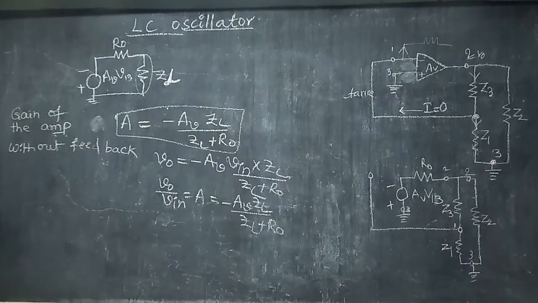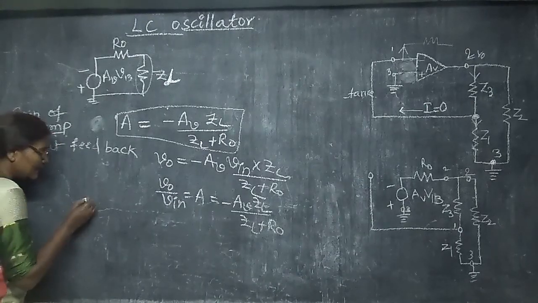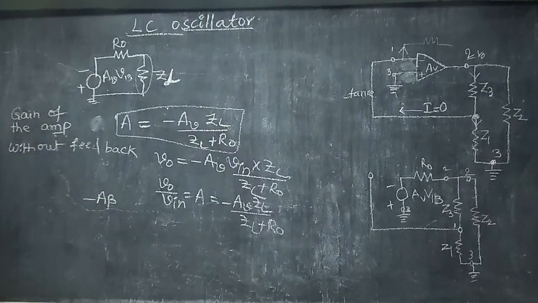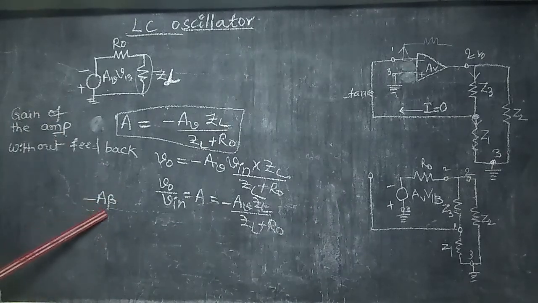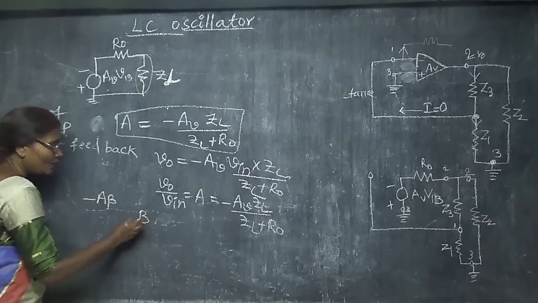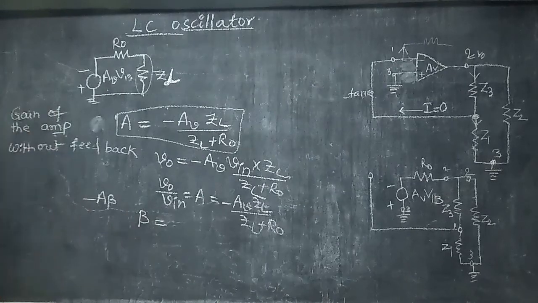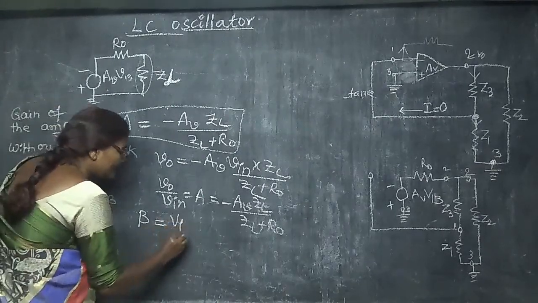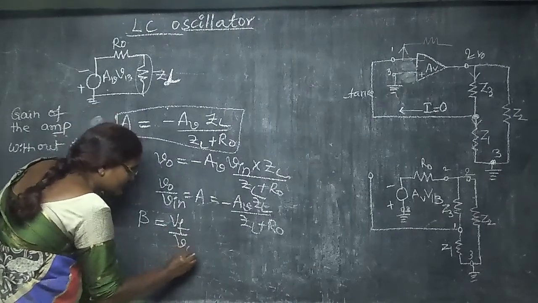Now this is my A. What do I have to calculate now? I have to calculate minus A beta. So to calculate minus A beta, I have to calculate beta also. What is my beta? Beta is VF by V0.